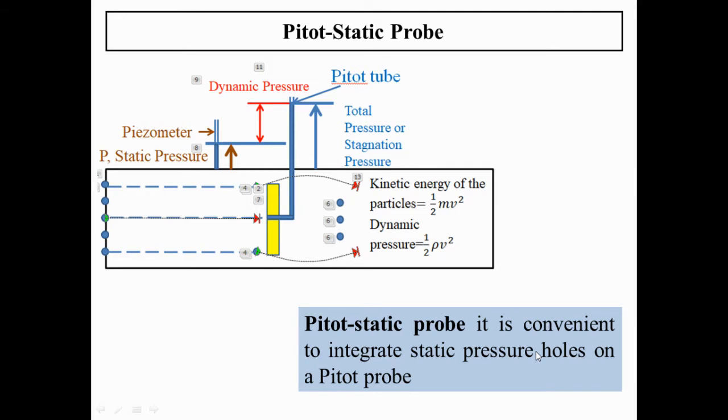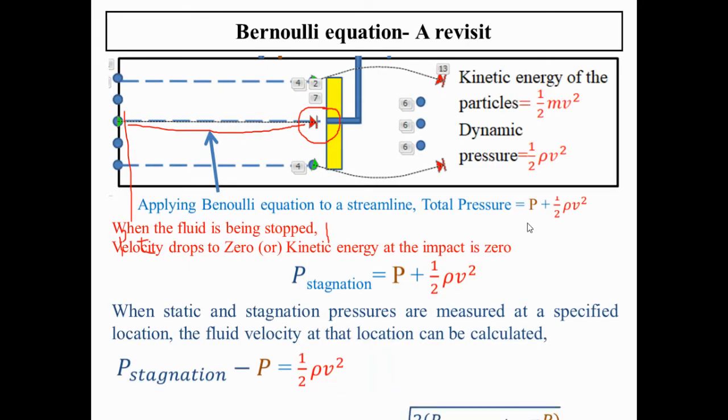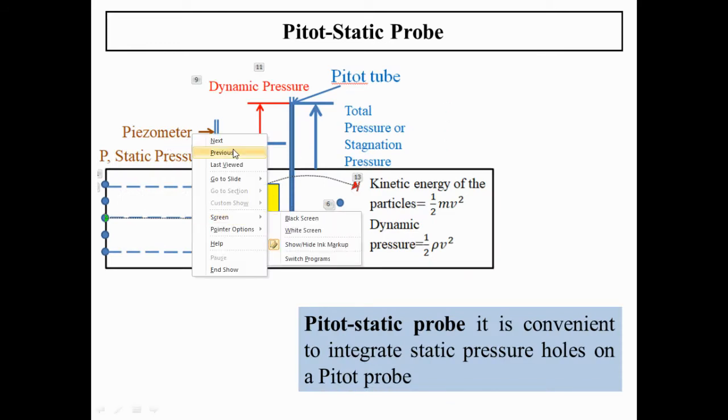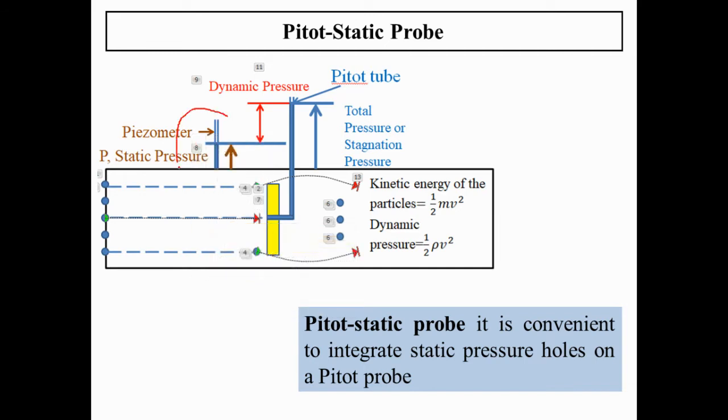Then we have one more instrument for measuring static and stagnation pressure together. We call that a Pitot-Static Probe. We used a piezometer in the earlier case, but we are going to avoid using the piezometer. For example, if we have a pressure that is less than the ambient, atmospheric pressure, we say that we have a vacuum pressure, and in that case we cannot use a piezometer.